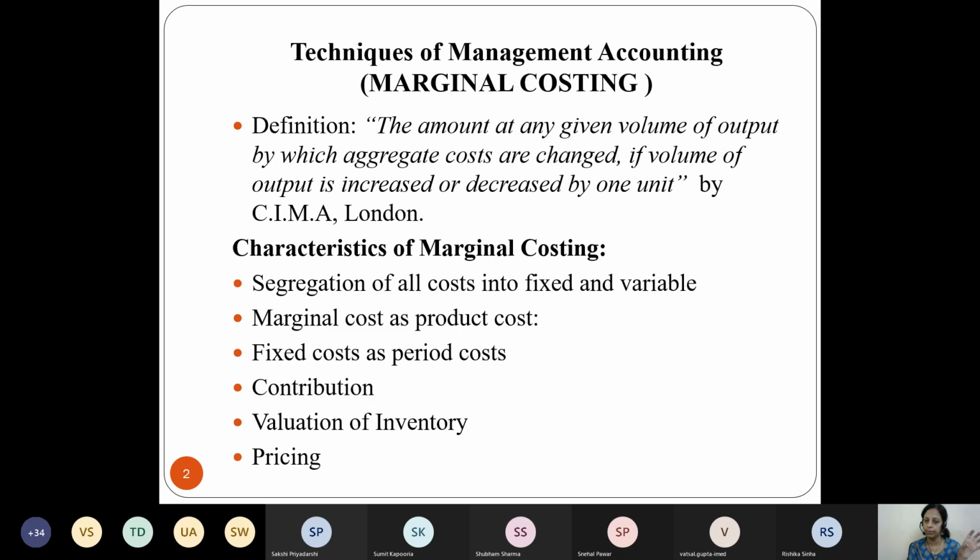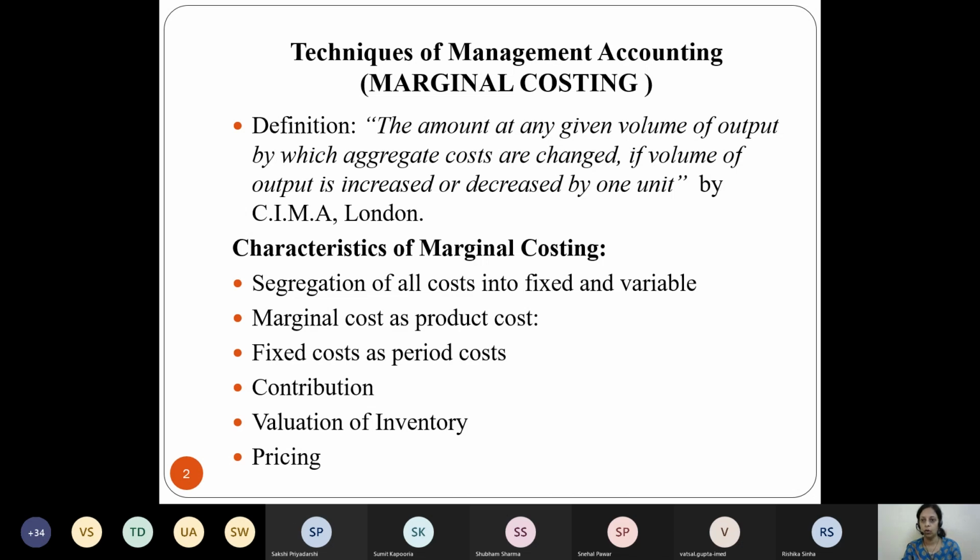The total of variable cost you will take together and call it marginal cost. And the fixed cost in total remains constant. In marginal costing, you do not focus on fixed cost. Fixed cost is kept aside, which is not involved in decision making or control purposes.